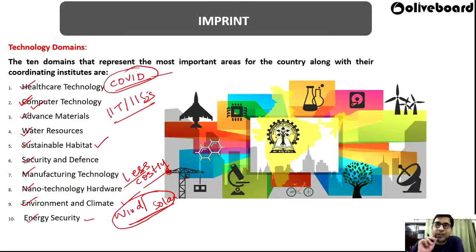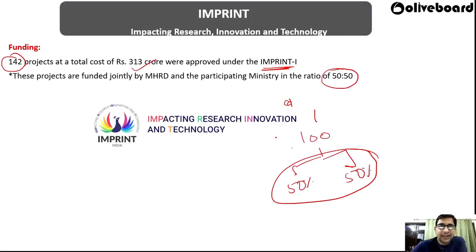What are the 10 technological domains? Healthcare technology, computer, advanced materials, water resources, sustainable habitat, security and defense, manufacturing, nanotechnology, environmental and climate, and energy security. This funding has been done under 142 projects for 313 crores, with a 50-50% funding ratio.